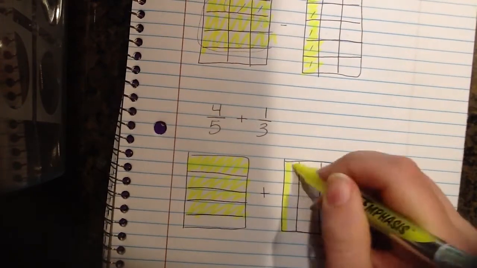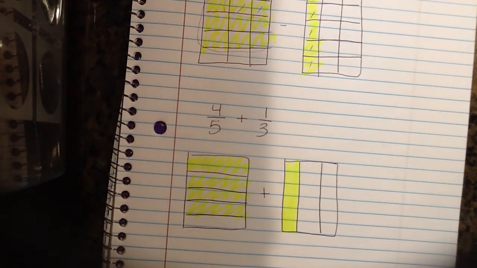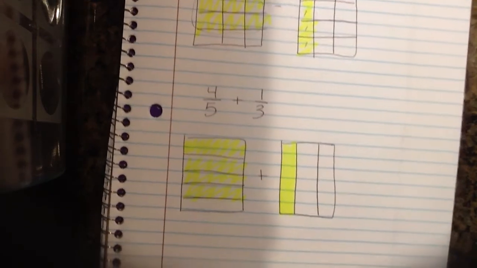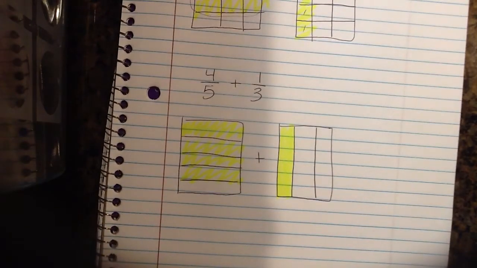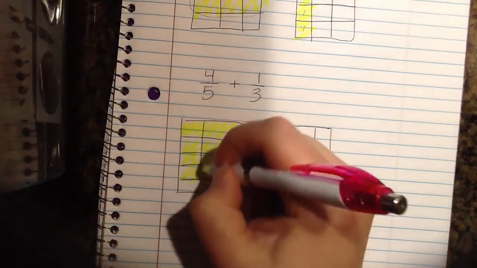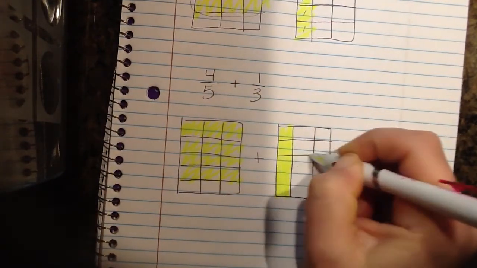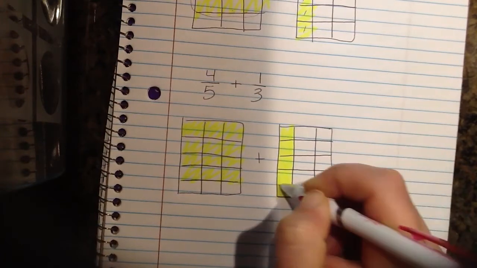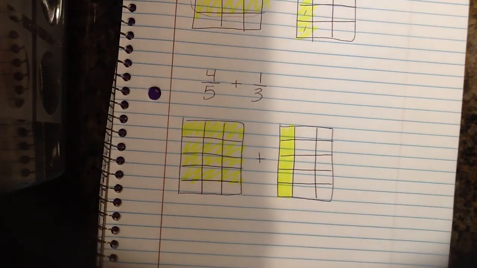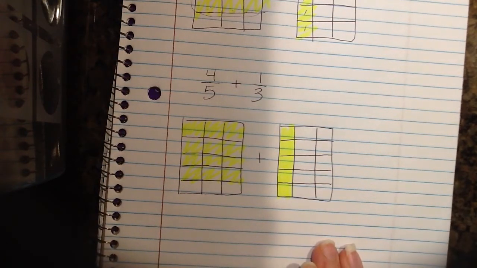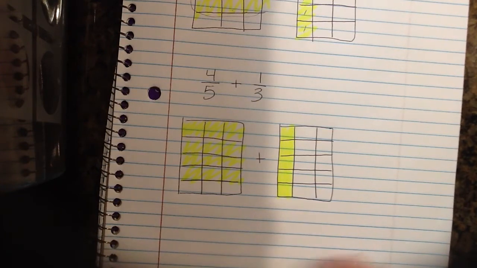This one I'm going this direction. So what happens? When I add these together, remember I have to cut them up to make them be the same sizes. So I wonder if any of you are moving a little faster than I am because you already understand what you're supposed to do. So you're not waiting for me to cut them up, you knew that was the next step.